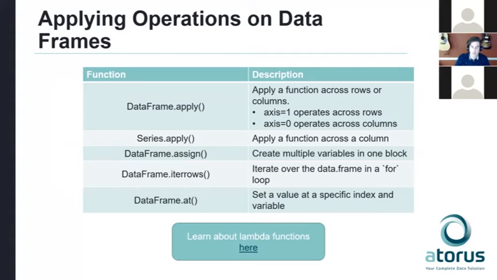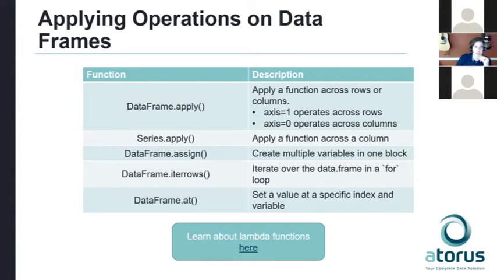If you want to set those variable names within iterrows, the .at method allows you to specify the index and the variable name that you're setting while you're iterating through that for loop. iterrows gives you back two things, the index and the row object, so you have a list that contains the rows in there, and then you iterate through with all the column names.